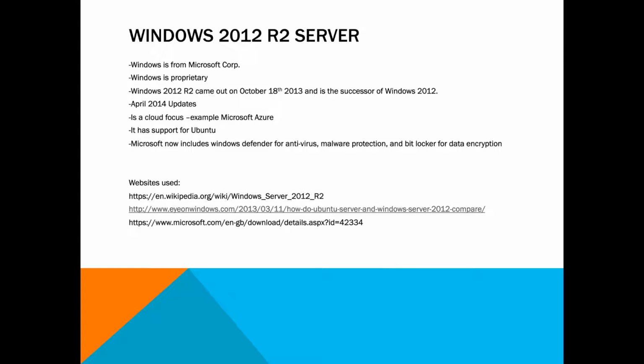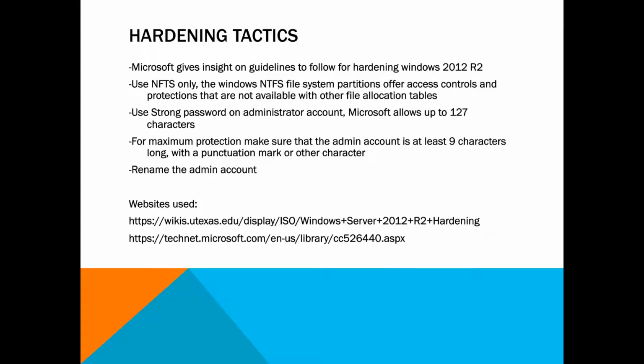Windows 2012 R2 Server is cloud focused, and the example for that would be Microsoft Azure. It has support for Ubuntu, and then also Microsoft now includes Windows Defender for antivirus, malware protection, and BitLocker for data encryption. And also at the bottom right here are some websites that I use to find some of this information. Let's get into some hardening tactics for Windows 2012.